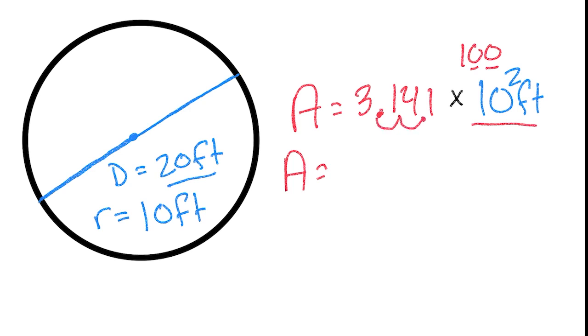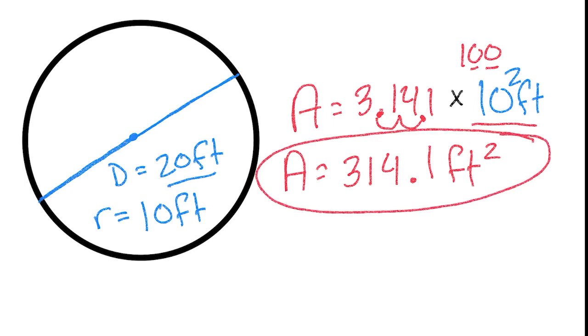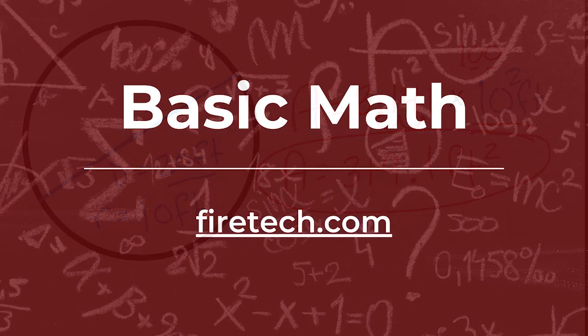So 1, 2, giving us an area of 314.1 feet squared. Although we didn't have pi squared or pi in feet, we know that it's squared because the radius was squared. But that is the area of this room, 314.1 feet squared.